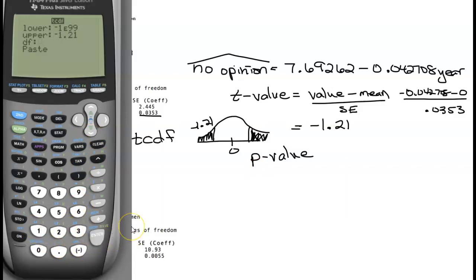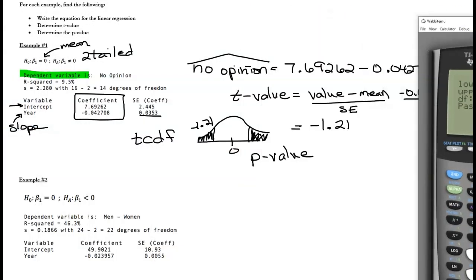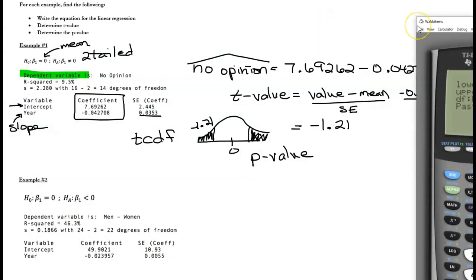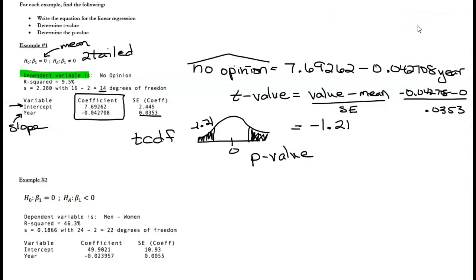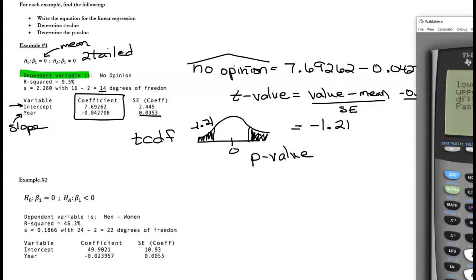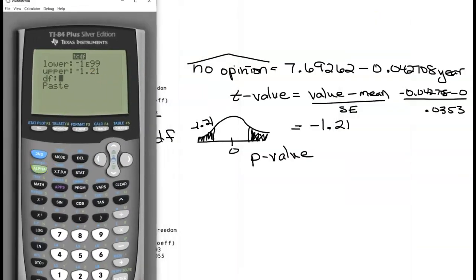And my degrees of freedom, okay, well, let's see. Remember, your degrees of freedom is your sample size minus 2. And look, it actually tells you right here. You see that? It tells us our degrees of freedom. So our degrees of freedom is 14.